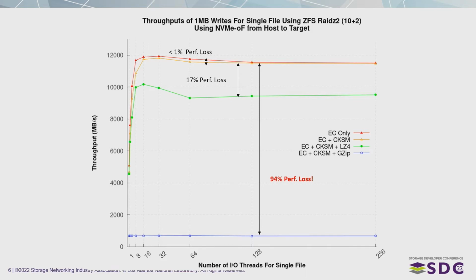Now let's zoom in on that red line. In this graph, just as before, the red line represents the maximum performance achieved by an erasure-coded Z pool, which is at around 11 gigs a second or so.